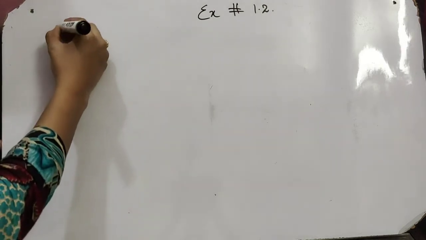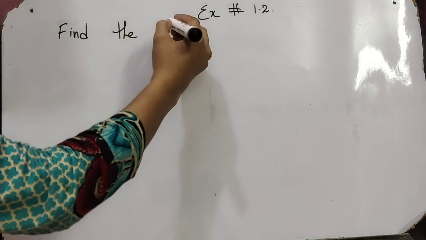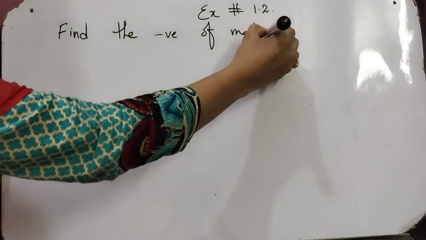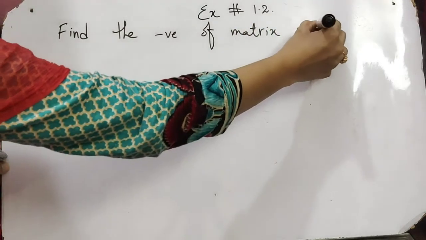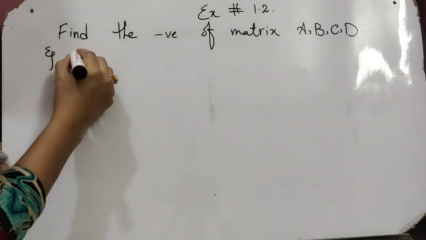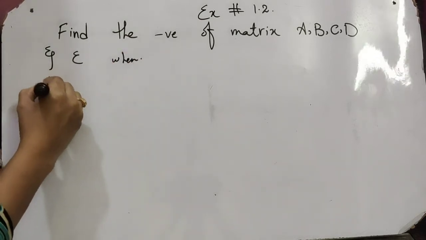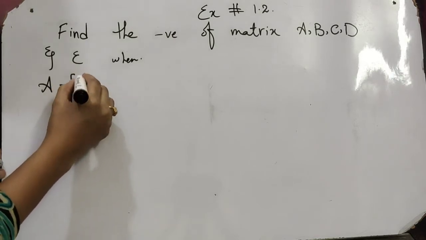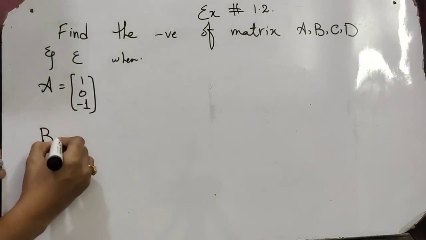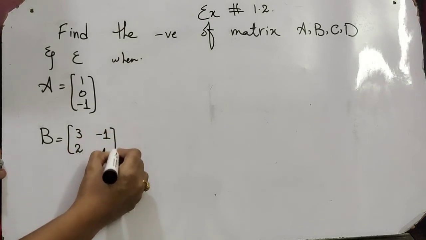Question number 4 is: find the negative of matrices A, B, C, D and E, when A is equal to 1, 0, minus 1, and B is equal to 3, 2, minus 1 and 1.